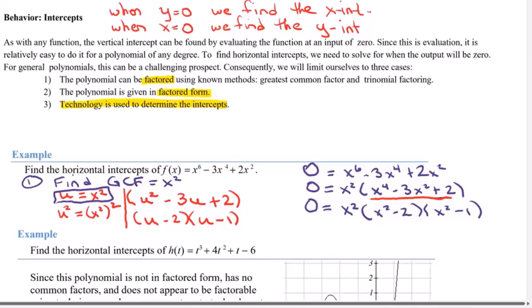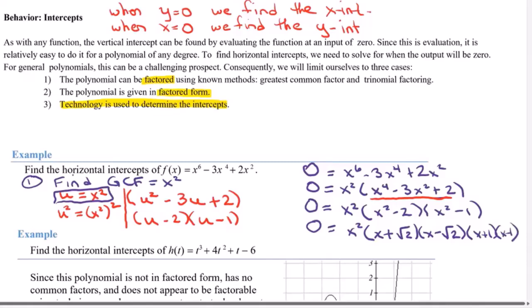And then we look, can we factor those? Well, both of those are the difference of squares. And I know you're not used to seeing it like that, but we have 0 equals x squared times x plus the square root of 2 times x minus the square root of 2, and x plus 1 times x minus 1.